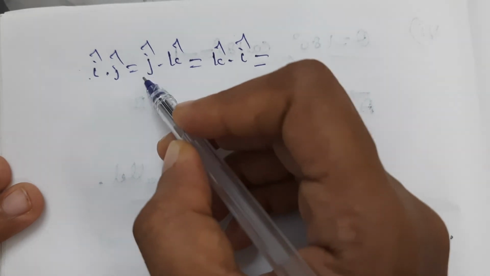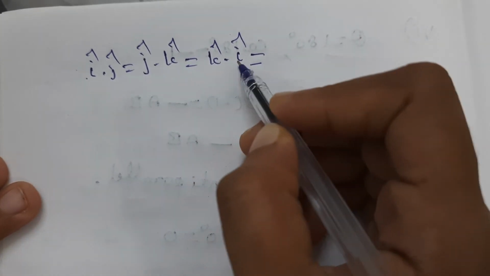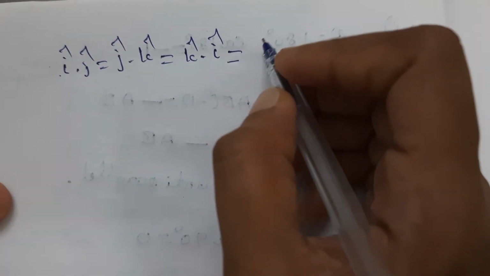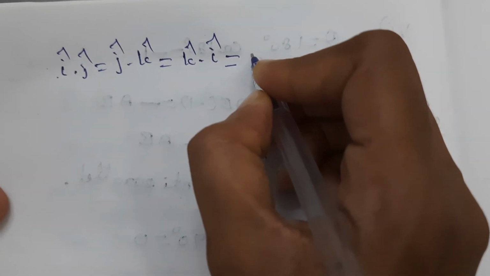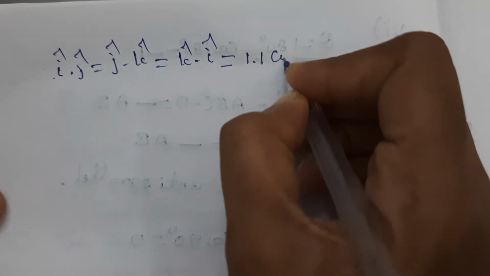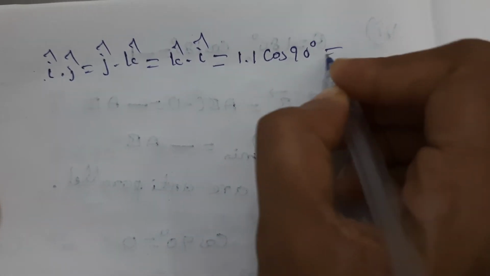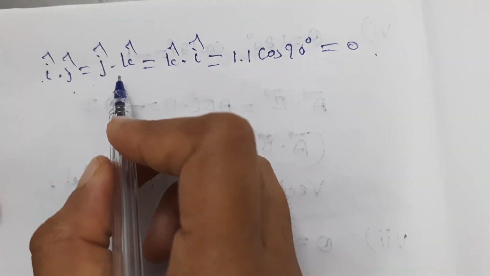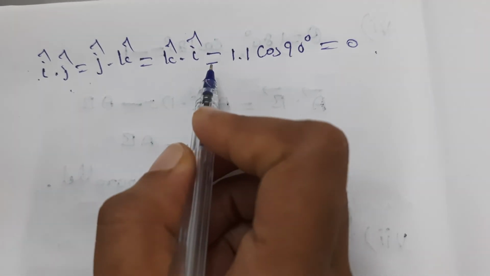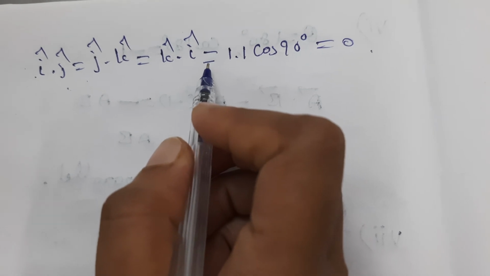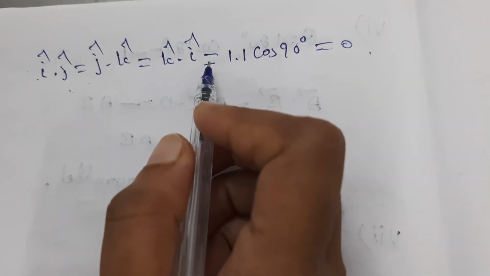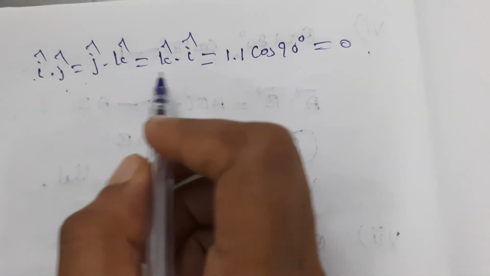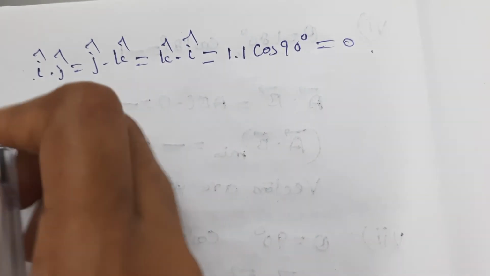J and k, the angle between j and k is 90 degree. K and I, the angle between k and I is 90 degree. That is orthogonal vectors. So we can write unit vectors 1 into 1 cos 90 degree, that is equal to 0. So I dot j is equal to 0, j dot k is equal to 0, k dot I is equal to 0. In case of unit vectors, I and I is equal to 1. In case of orthogonal vectors, I and j or I and k is equal to 0.